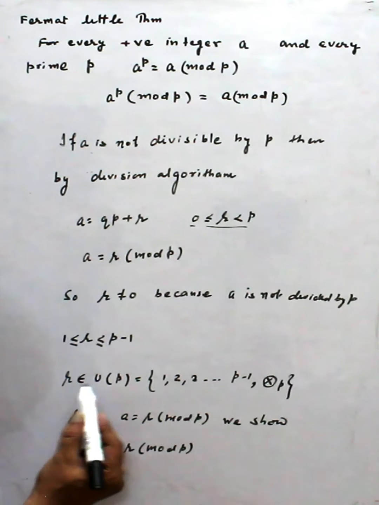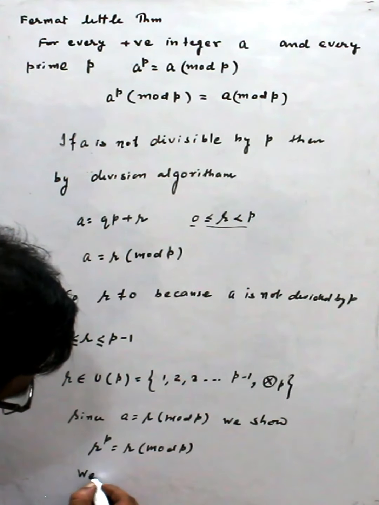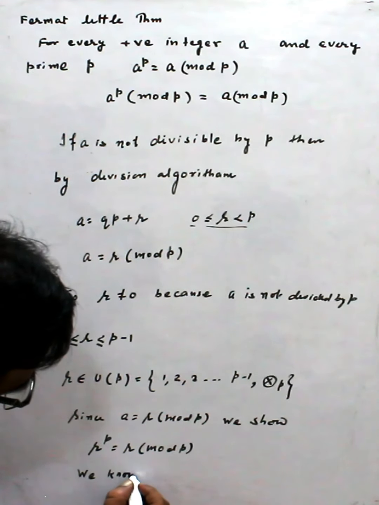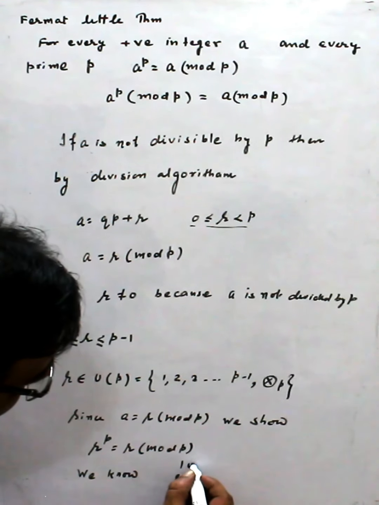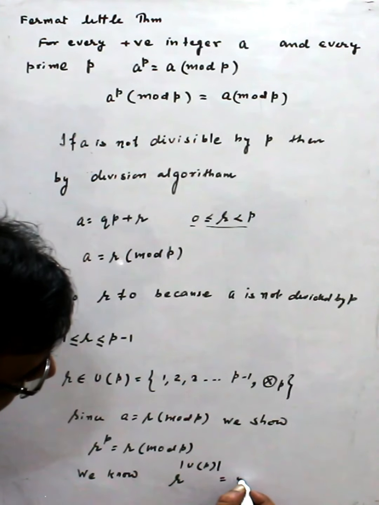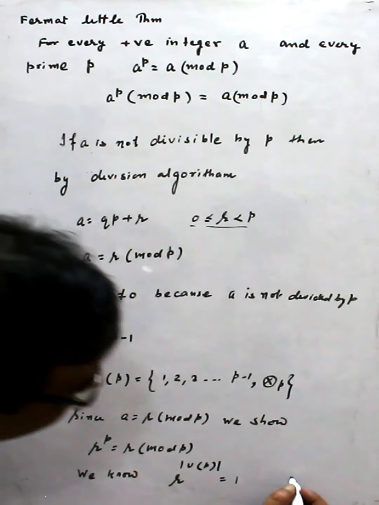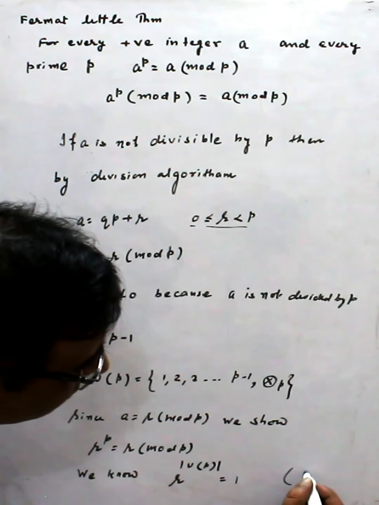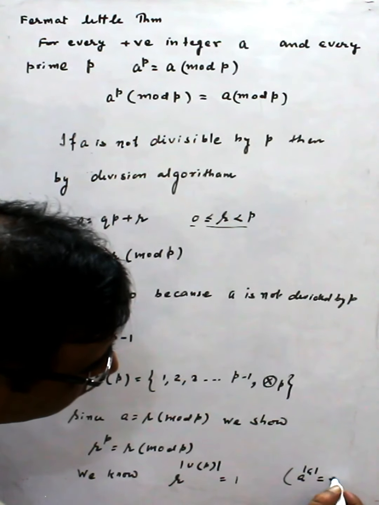So r belongs to this U(p), and we know r raised to the order of U(p) is equal to identity, and identity is obviously 1, because by the corollary we know a raised to the order of G is equal to identity.